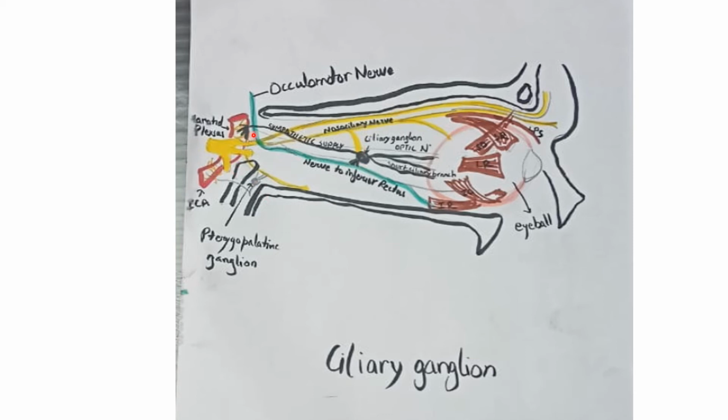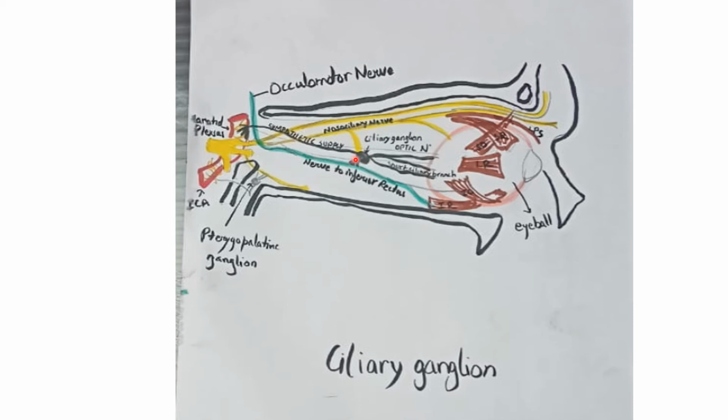Now, what about the sympathetic root? The sympathetic root is derived from a branch of the internal carotid artery, right? This is the internal carotid artery, and from here the postganglionic fibers from the sympathetic chain form a plexus around the internal carotid artery, the carotid plexus. The postganglionic fibers from the plexus arise and go into the ciliary ganglion.